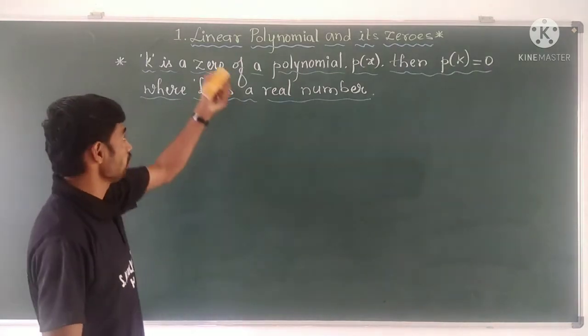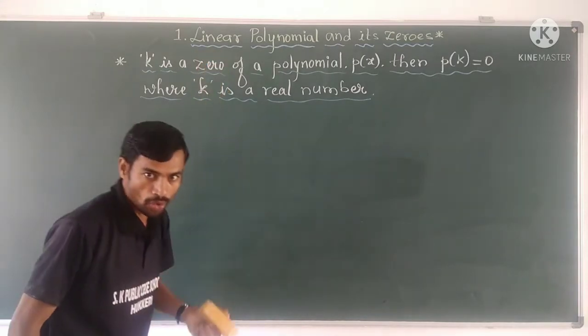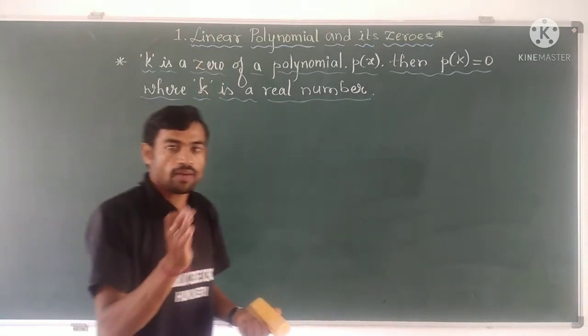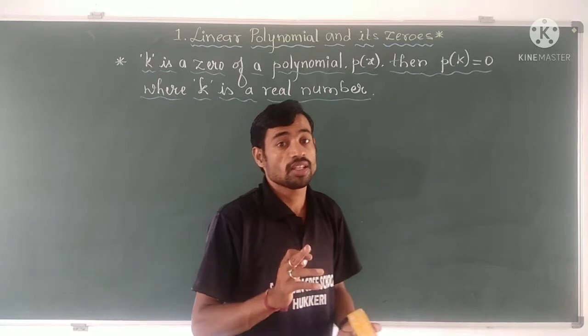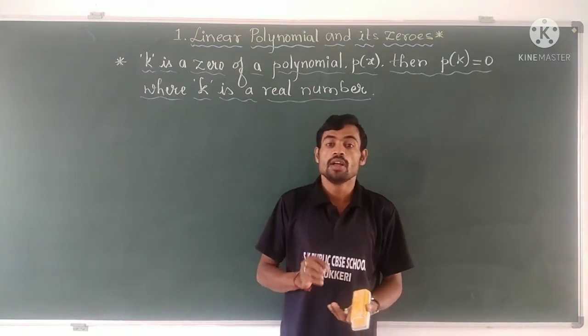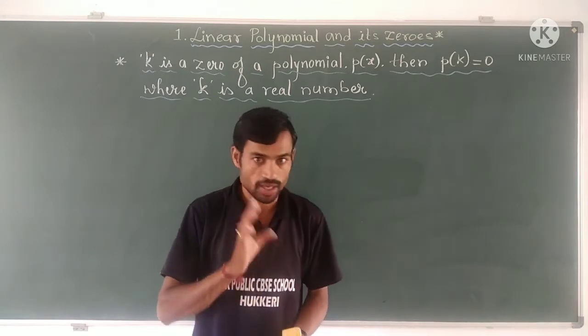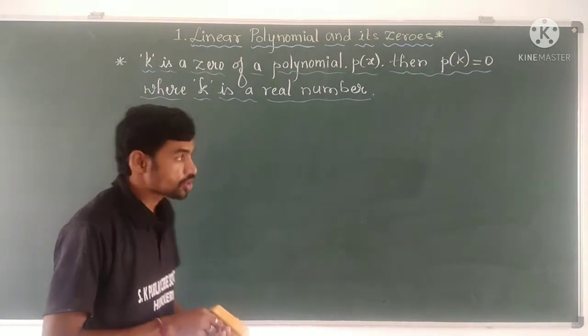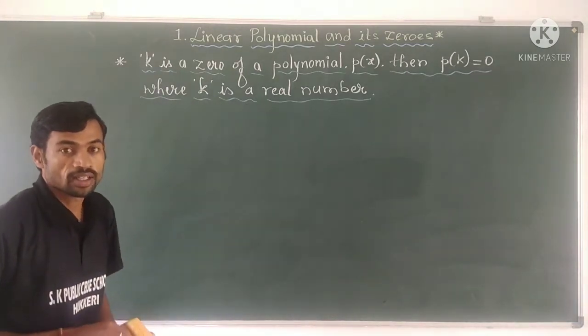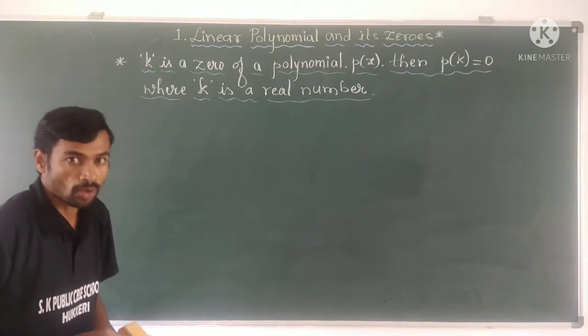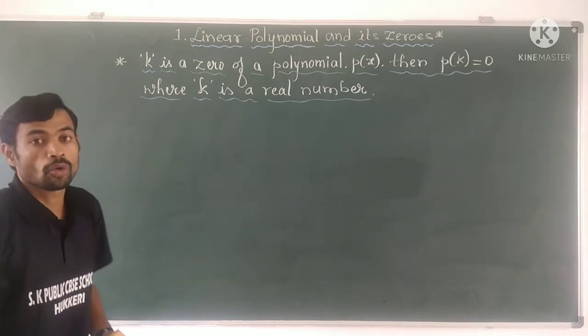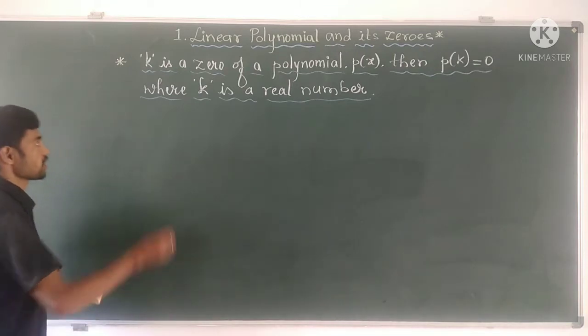Now we have to study the linear polynomial. We have also studied the general form of the linear polynomial in variable x. So first we need to write the general form of a linear polynomial in variable x.